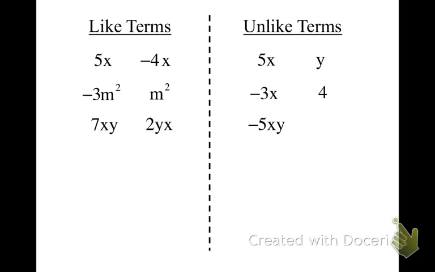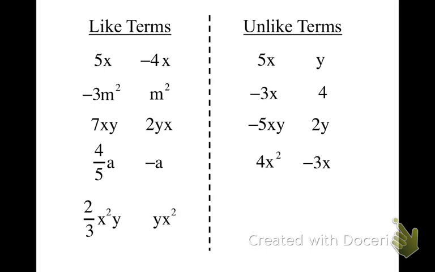They're like terms. Order doesn't matter in multiplication. Whereas negative 5xy and 2y is unlike because it's missing the x. 4/5 a and negative a are like terms because they're both a to the first. Whereas 4x squared and negative 3x are not because x is to the first power.